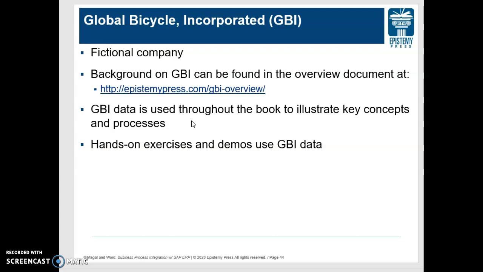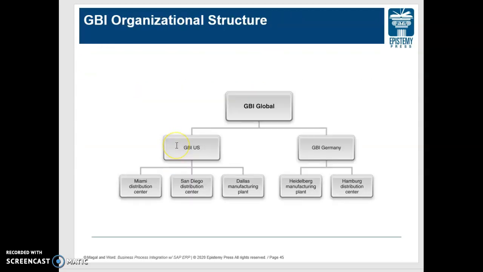We're going to be using this fictional company, Global Bikes. So it's really important this week that on Fanshawe Online in week 1, you read the Global Bikes story so you get a real good understanding of what the company is about, because we'll be using data throughout this course to use SAP and do these processes.